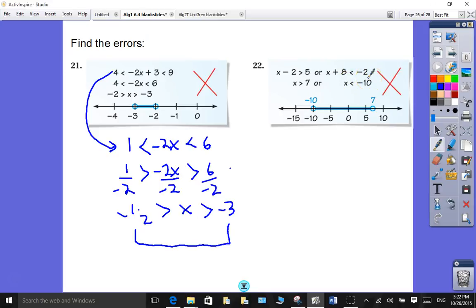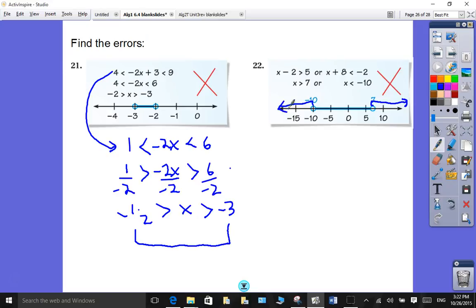So what did they do wrong? Let's see. x greater than 7 would have been open circle on 7, shade to the right. They shaded to the left. x less than negative 10 should have been open circle on negative 10, shade to the left. So their mistake was they shaded the wrong direction.